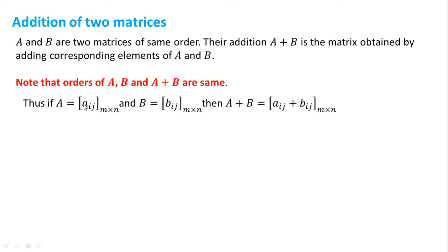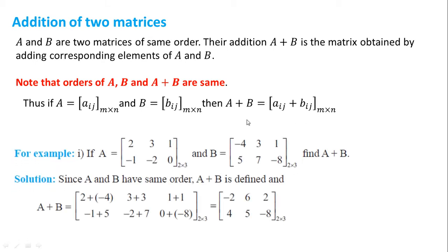If A is the matrix Aij of order m by n, and B is the matrix Bij of order m by n, then A plus B is equal to Aij plus Bij. We add corresponding elements, and the order is also m by n.